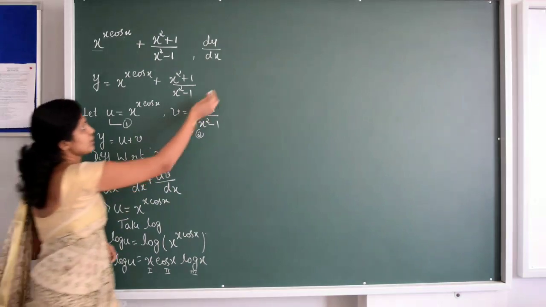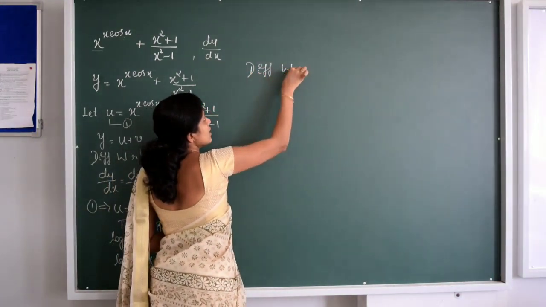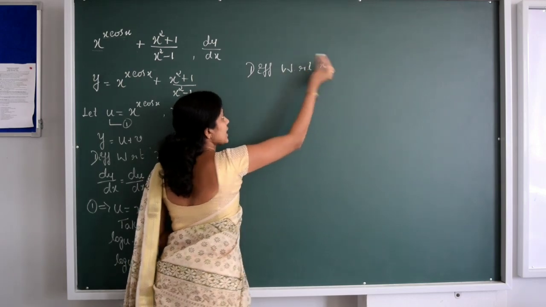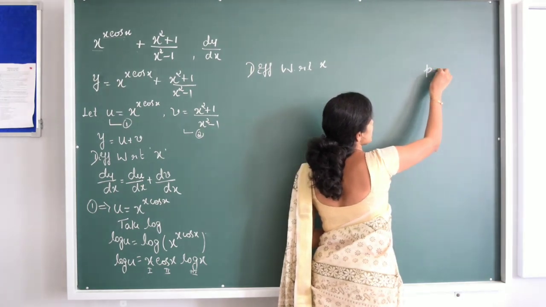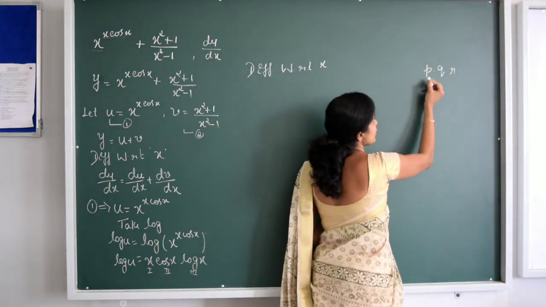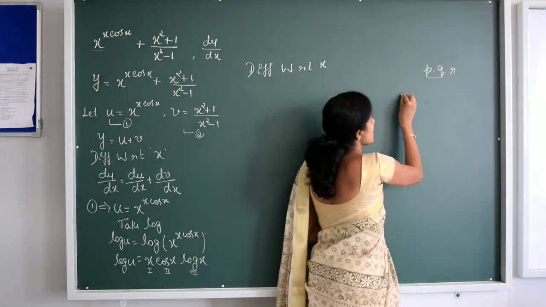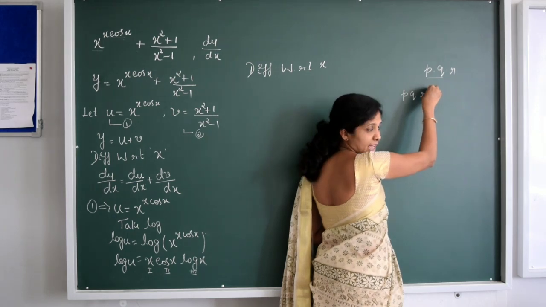Okay, so now we will differentiate this with respect to x. If there are three functions p, q and r, how to differentiate? Just write the first two functions as they are, p and q, and differentiate the last function, that is r dash.